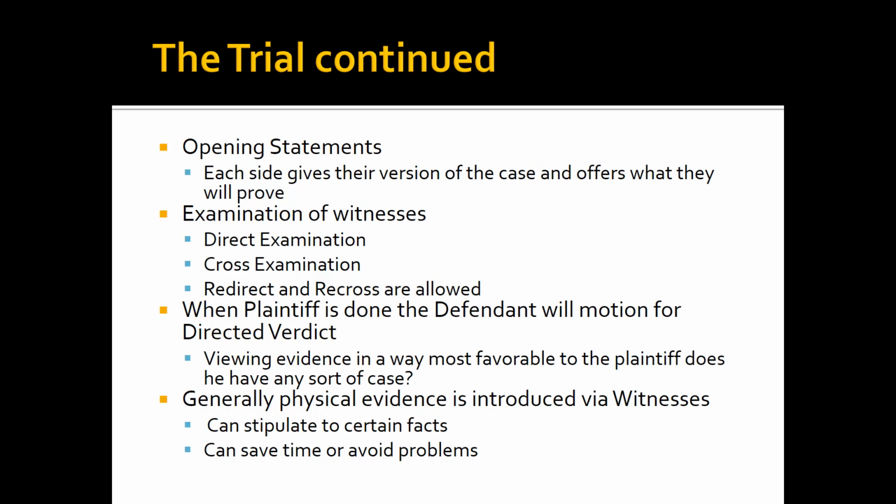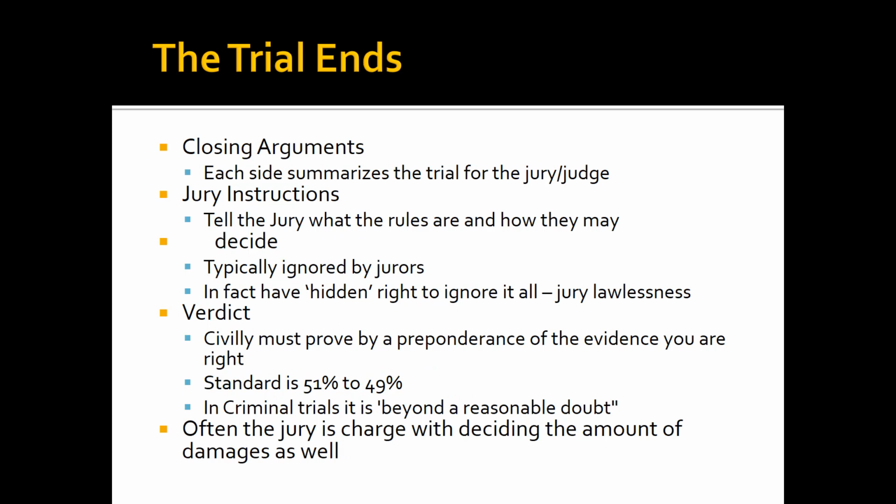All physical evidence is admissible through witnesses unless you stipulate. So generally, any piece of physical evidence, any contract, anything like that, to get it in, you either stipulate you're going to admit it, or a witness has to bring it in. Plaintiff goes, defense goes. At the close of all that, you have motions and then closing arguments.